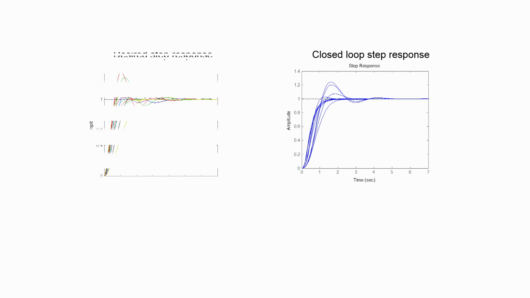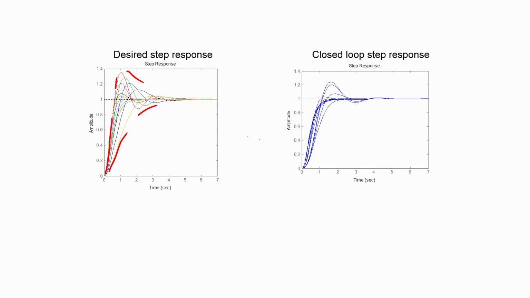For reference, I have also plotted here the desired set of step responses, and we see that the spread that was allowed in the desired set of step responses is actually greater than the spread that we have accomplished with our particular controller and pre-filter combination.